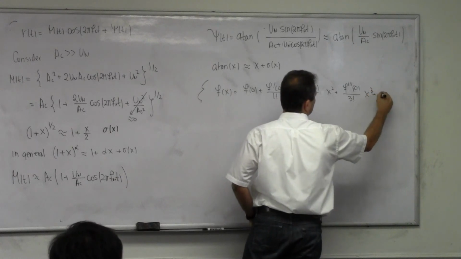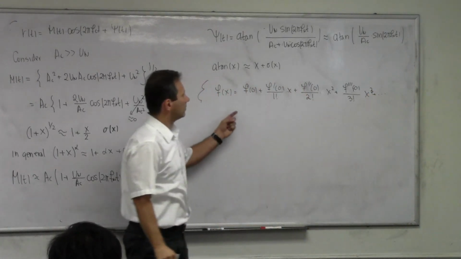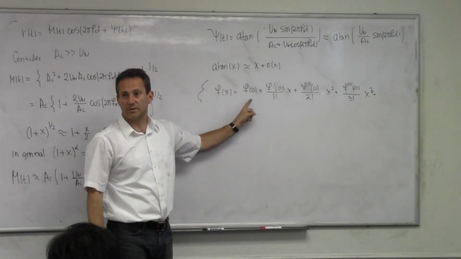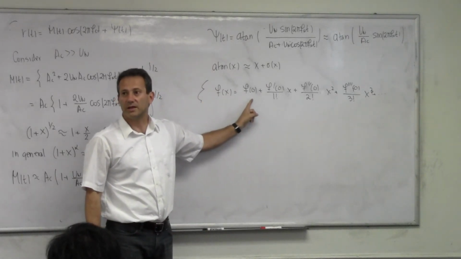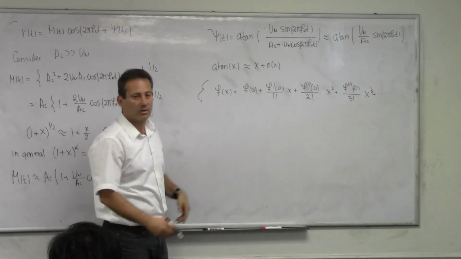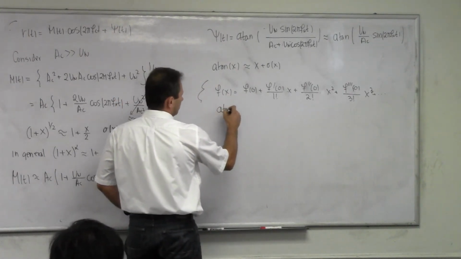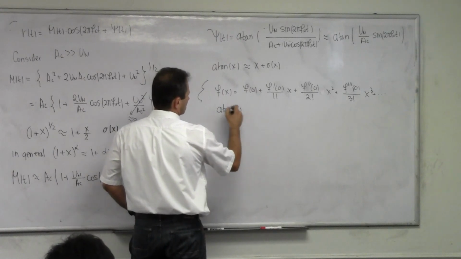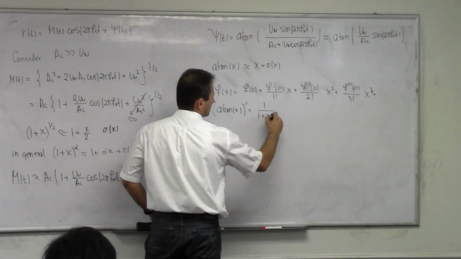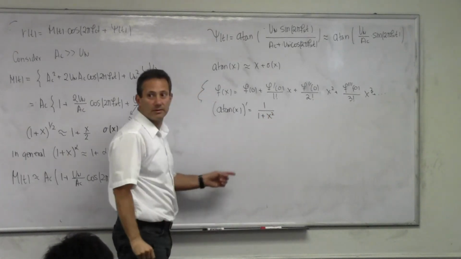That's the Maclaurin series expansion for any function, right? So arctangent of 0 is 0, so the first term is 0. What's the derivative of arctangent of x? It is 1 over 1 plus x squared, right?